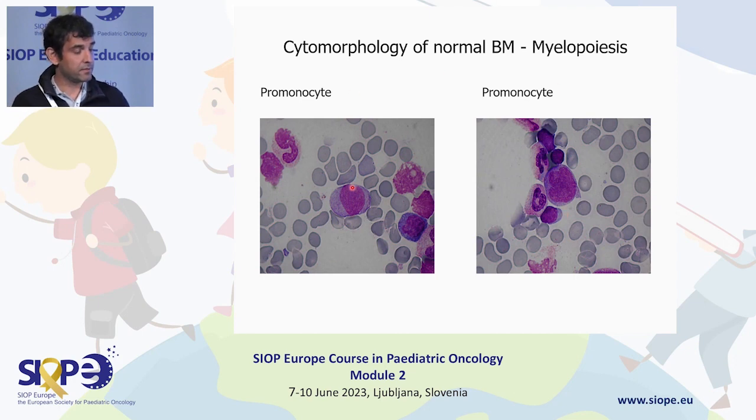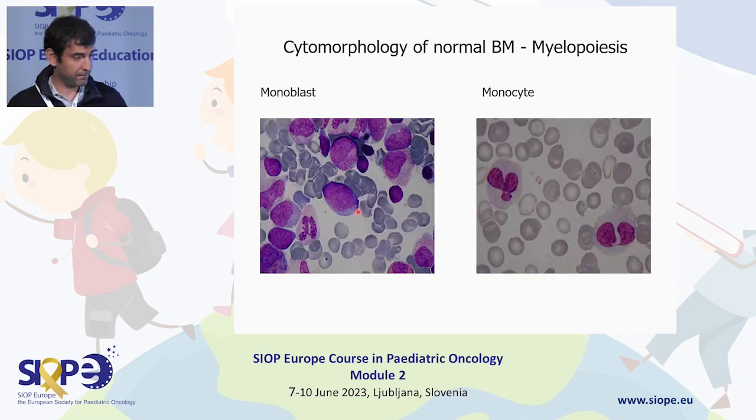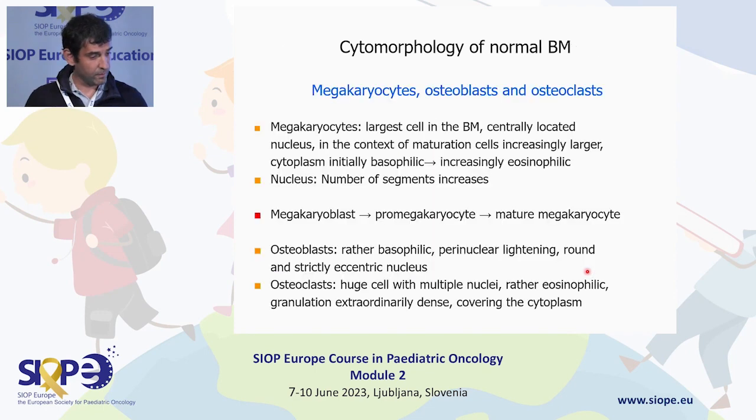This is a very young cell, and you can see this uniform blue-gray cytoplasm, no granules. And both of these cells are monocytes, and the nucleus might look completely different. Here you can see a monoblast, and here again two examples of monocytes with very different outlook of the nucleus.